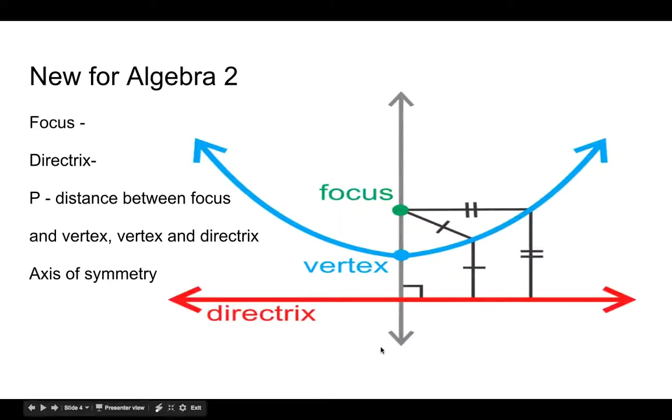The axis of symmetry is right here in the gray line, connecting the focus, vertex, and directrix straight. And let's keep in mind that the distance from the focus to any point on the parabola will be equal to the distance from the directrix to that point. Right here, for example, this distance equals this distance from the directrix to this point, and the focus to this point.